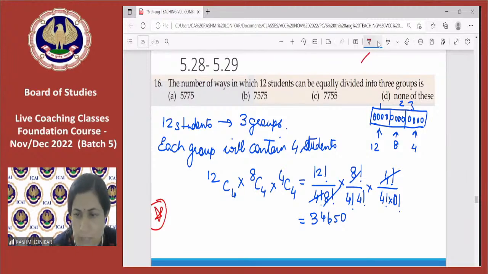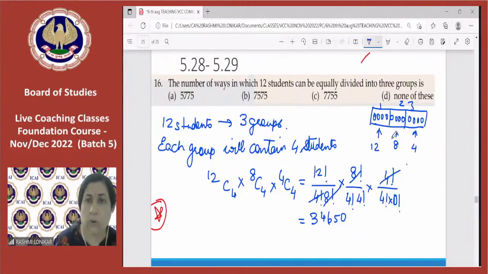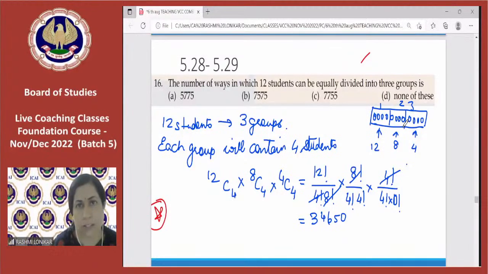Remember this, here again, I don't know whether I selected the first group first, the second group first, or third group first. Remember, in permutation, 3 groups can be selected in 3 factorial ways.